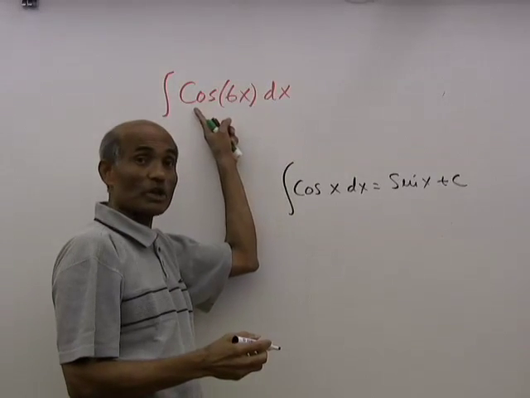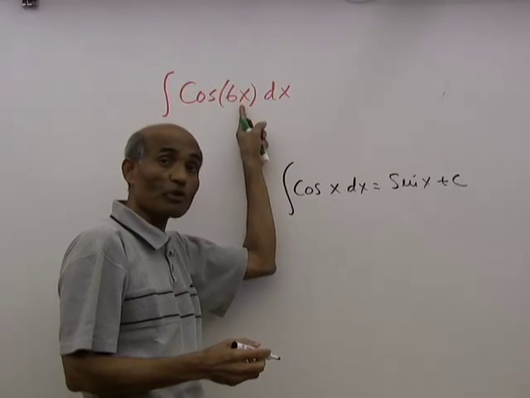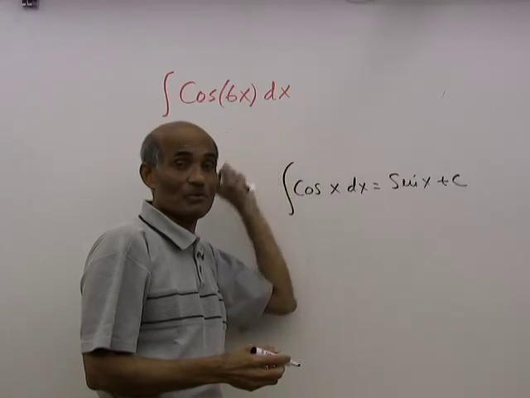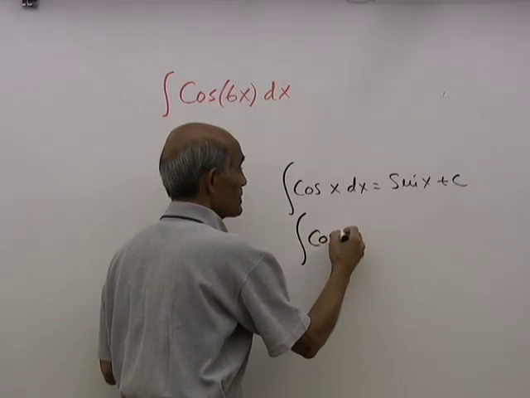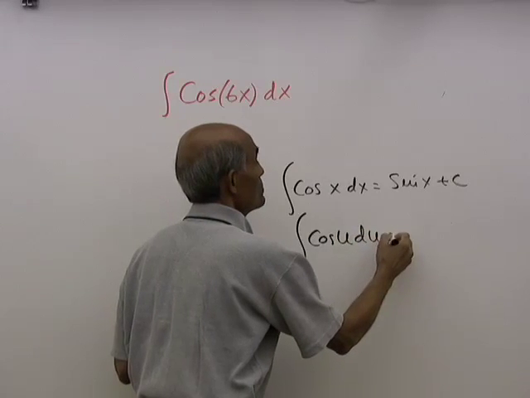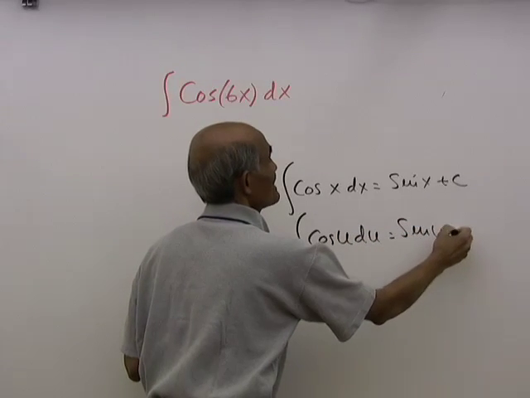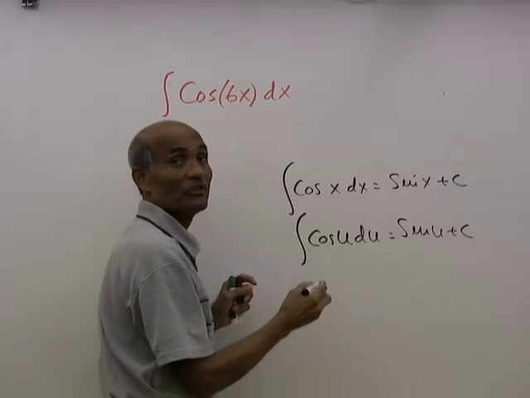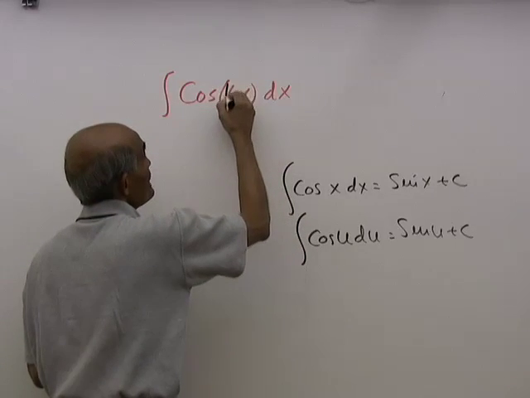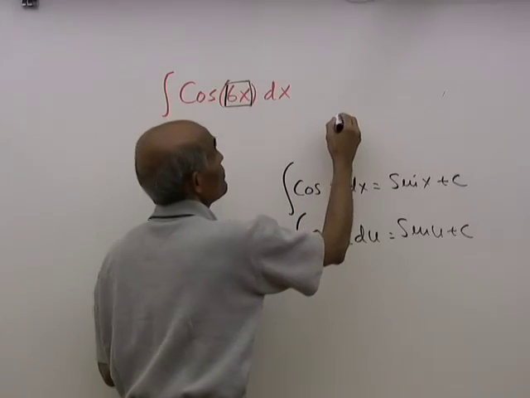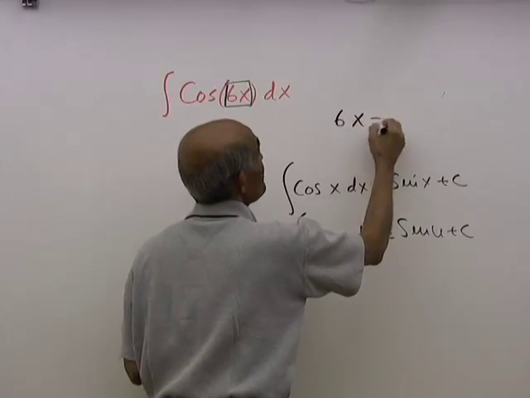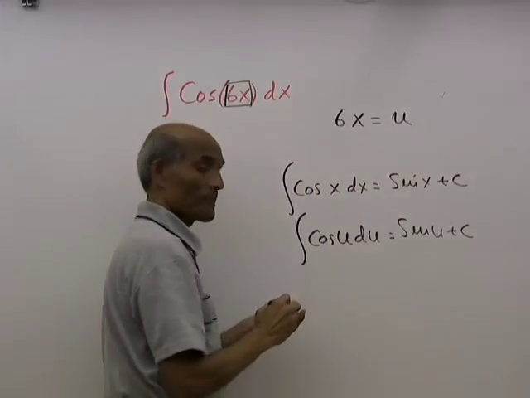But how about integral cos of 6x? Well, you need to bring it to a form where you can do integral cos u du as sine u plus c. So what you need to do is take this 6x and call it equal to u. So we say 6x equal to u.